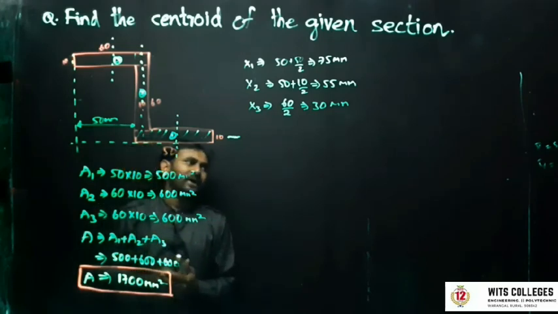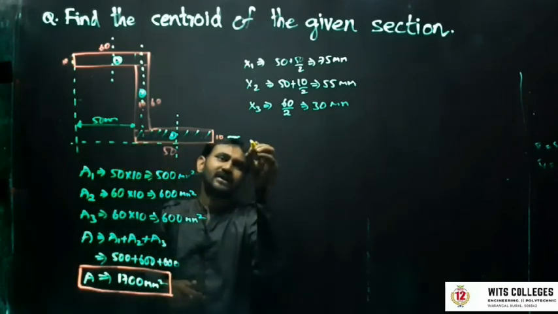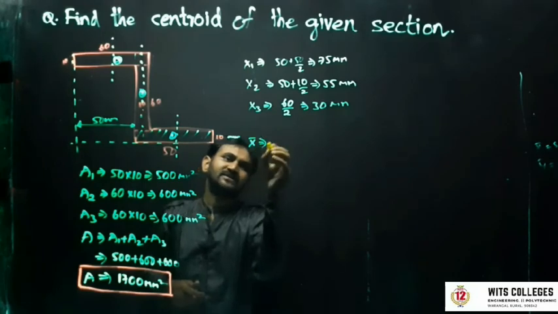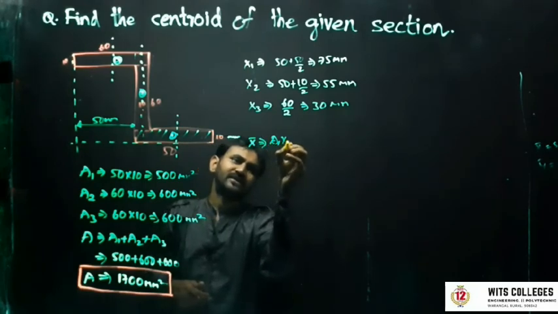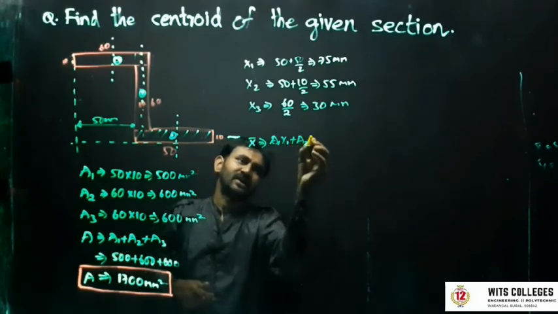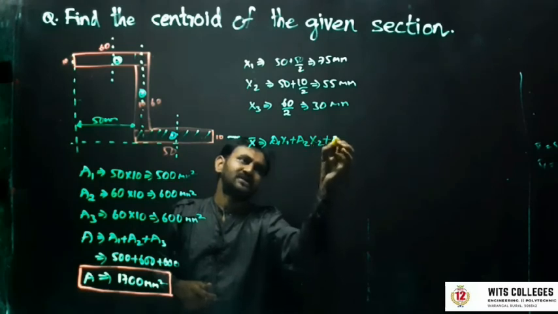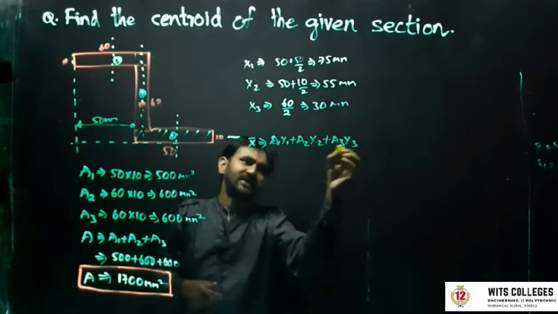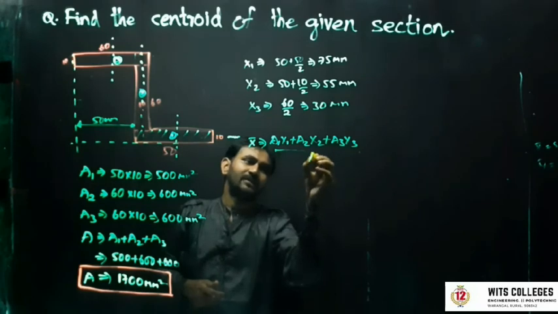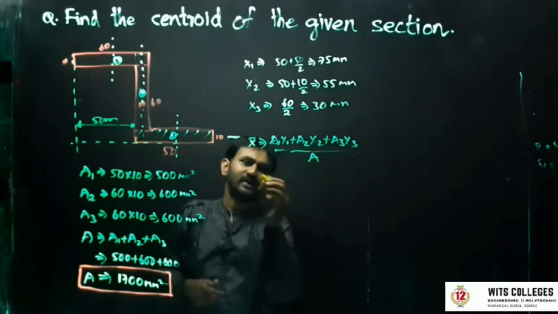Now I can find the x bar directly. X bar equal to A1 x1 plus A2 x2 plus A3 x3 divided by capital A, which means total area.